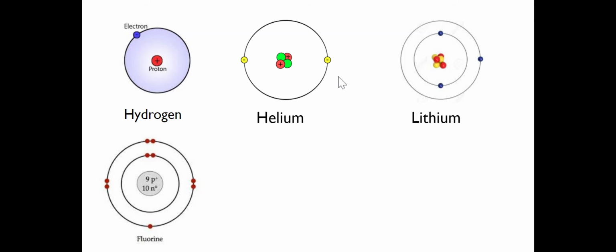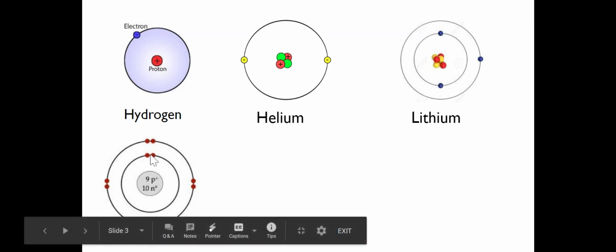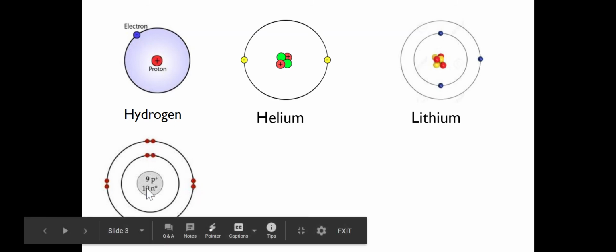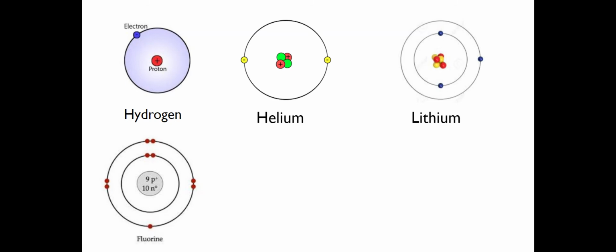So what we do is we put the first 2 in the first energy level. Then we have 3, 4, 5, 6, 7, 8, and 9. So in total 9, you put 2 in the first energy level and 7 in the second energy level.